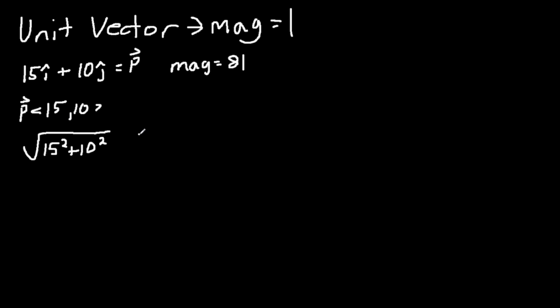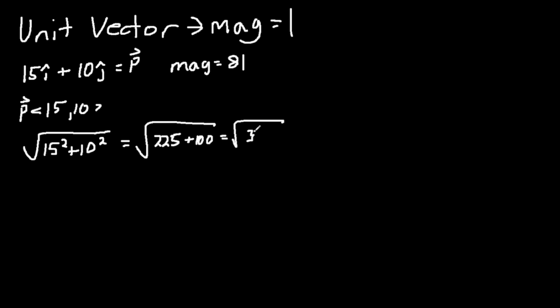To find the unit vector, we divide vector P by its magnitude. So 15 squared is equal to 225, plus 10 squared, which is equal to 100.